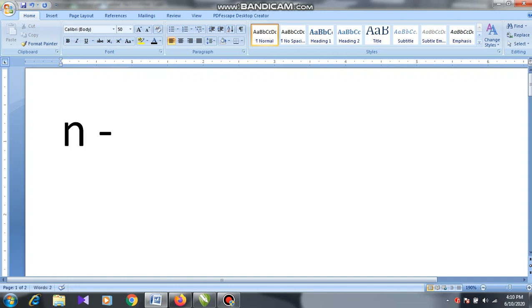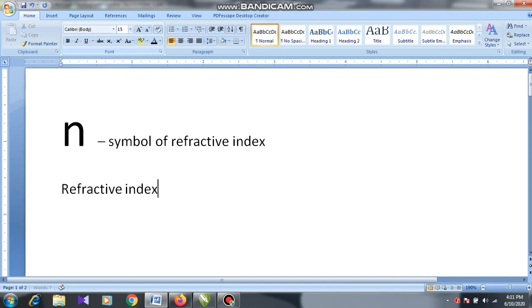So this is the symbol of refractive index. If you want to write the refractive index of glass with respect to air, what is the meaning?